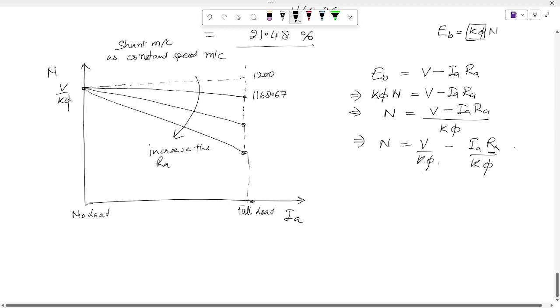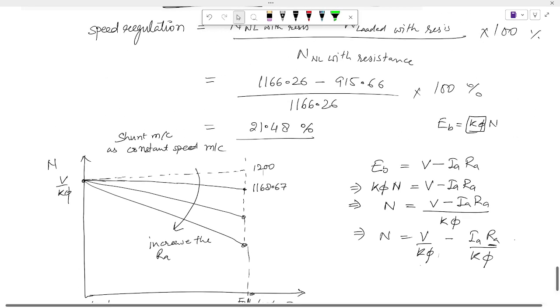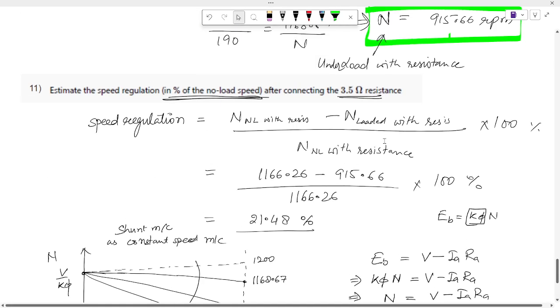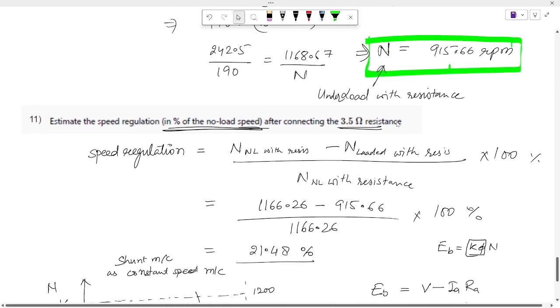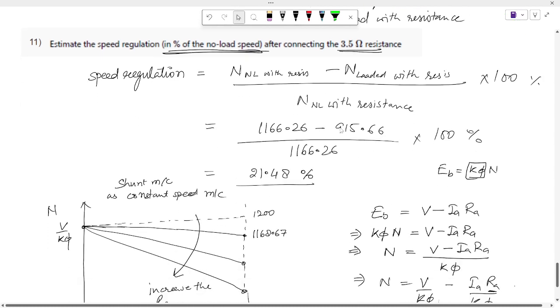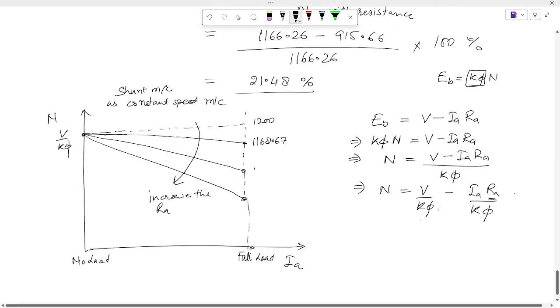Now, when we added an external resistance of 3.5 ohms, the speed dropped to 915 point something.